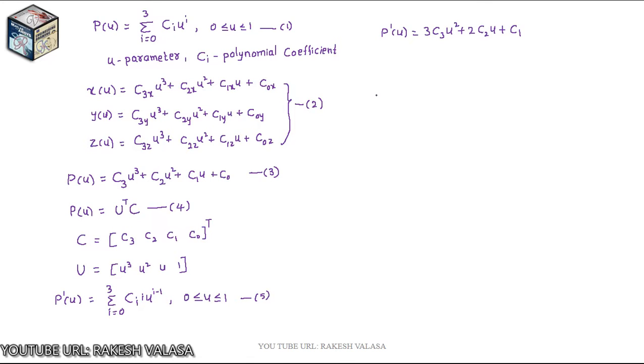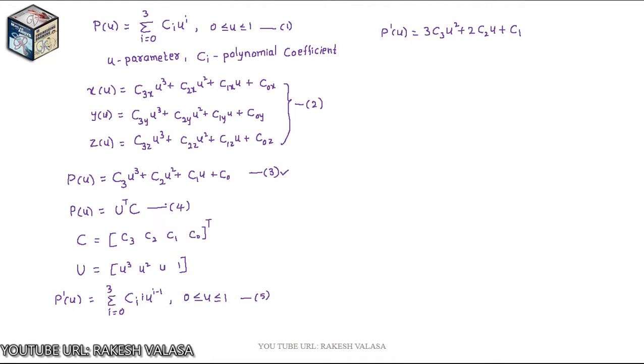Here you can see equation number 3 and equation number 5. We have a few constants, that is C0, C1, C2, C3. In order to find the coefficients Ci, consider the cubic spline curve with the two endpoints.